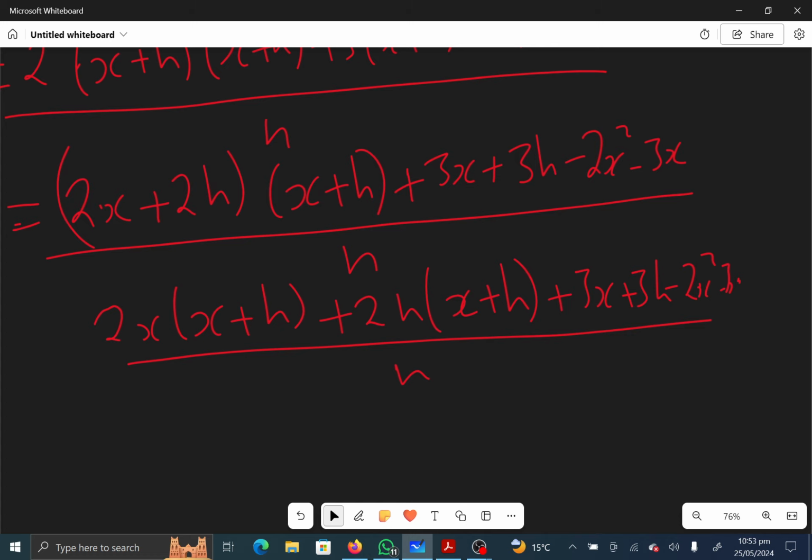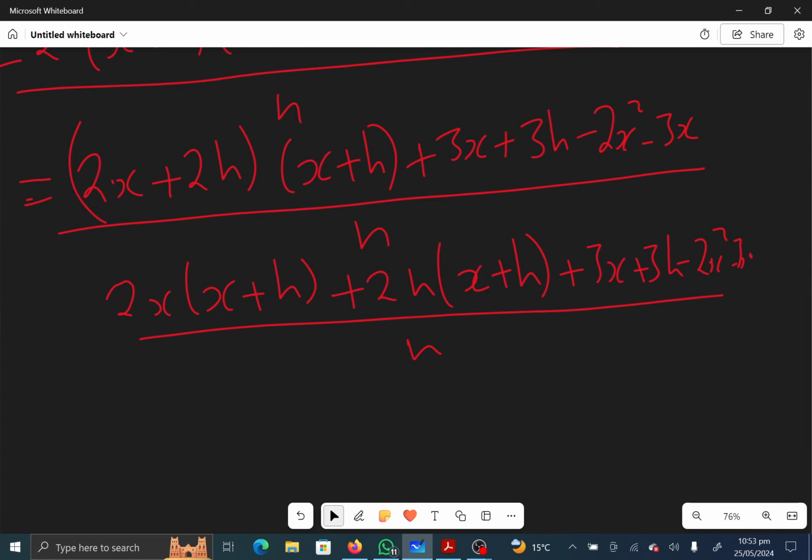So then we can factorize again. So we say 2x multiplied by x, it will be 2x squared.